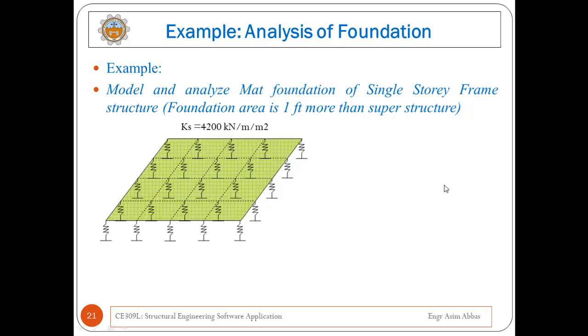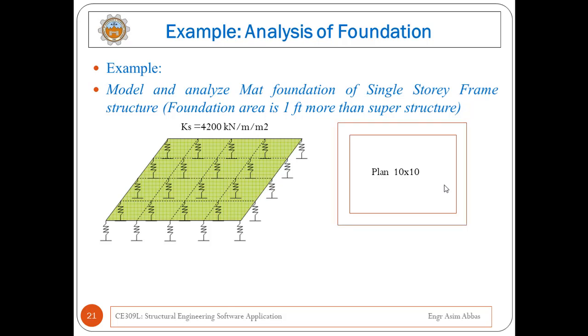Let's suppose the plan of this single story frame structure is 10 by 10 feet, and the foundation is 1 feet more than the above superstructure, and this is the elevation having 10 feet height, right?